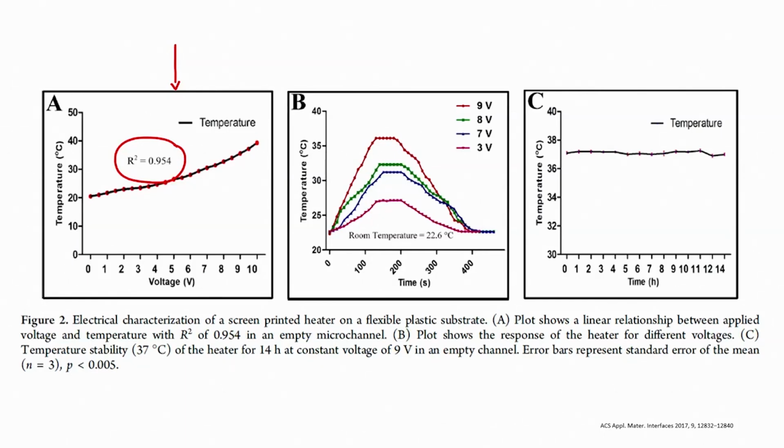So, this plot A shows a linear relationship between applied voltage and temperature with R square of 0.954 in an empty microchannel. What does B show? B shows the response of the heater for different voltages.